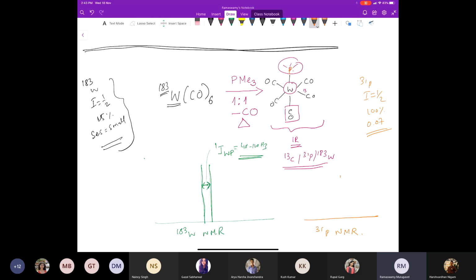But 85% of the molecules in the solution will not have a tungsten-183. It's some other isotope. That tungsten will not couple. So 85% of the intensity of my spectrum will be a single line. Now, the tungsten will couple with the remaining 15% of the phosphorus, giving rise to a doublet.